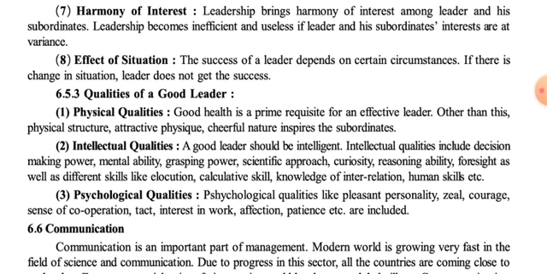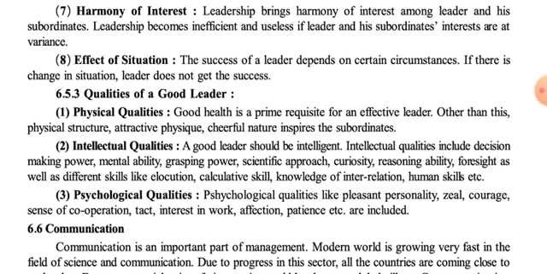Point number 7 is harmony of interest. Leadership brings harmony of interest among the leader and his subordinates. Leadership becomes inefficient and useless if the leader's and subordinates' interests are at variance.